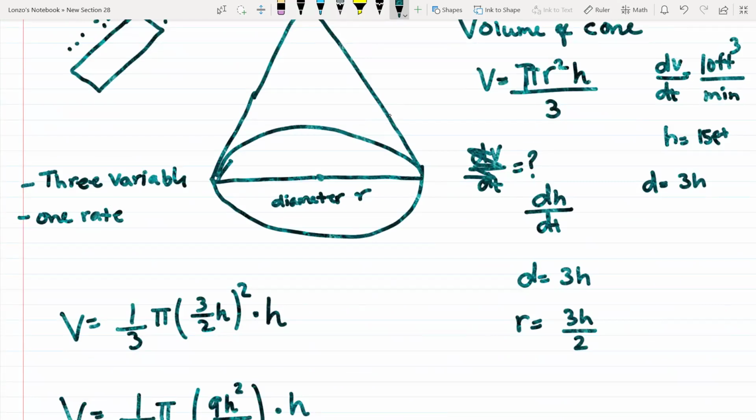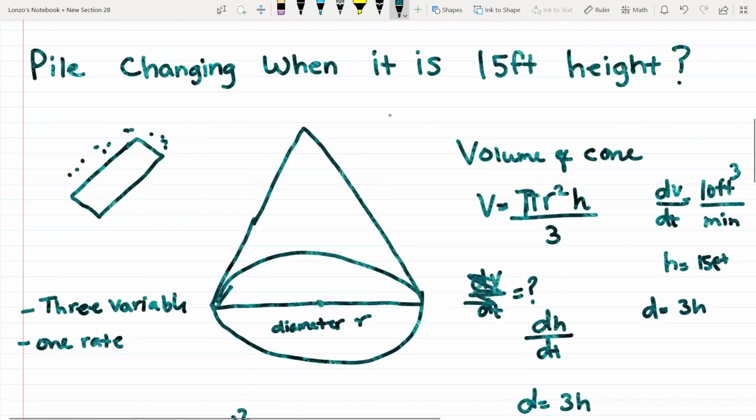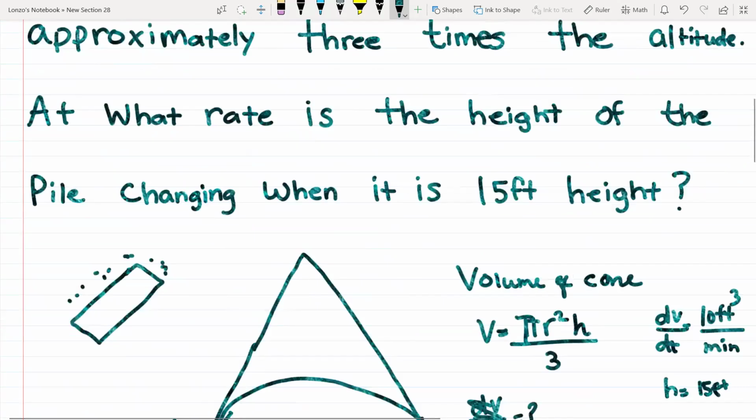So what we had to do is substitute one of our variables, and we substituted our radius because when you plug more sand into this cone, that's the only thing that stays constant. The height does not stay constant. That's why I didn't substitute my height, because it's not constant. It's going to get higher. Okay, so I'm going to stop here.